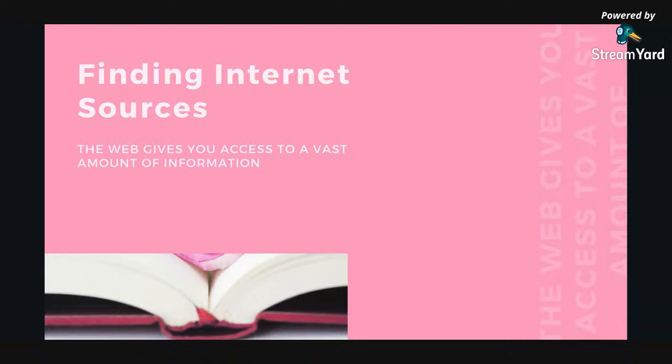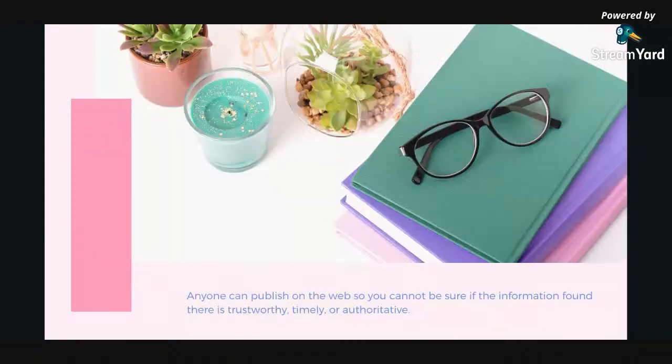So using the internet is a very popular source for students and for people who just want to Google whatever. But there is a problem. Anyone can publish on the internet. So you have to make sure that the information you find is trustworthy, that it's timely, like it's not 1,000 years old information, and it's also authoritative. We will talk about how you can figure out if it's those three things.